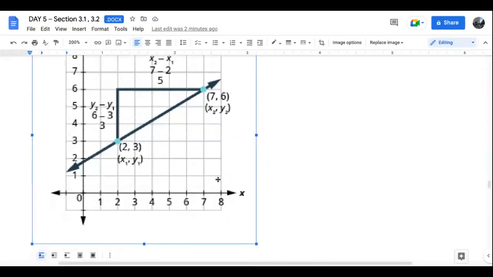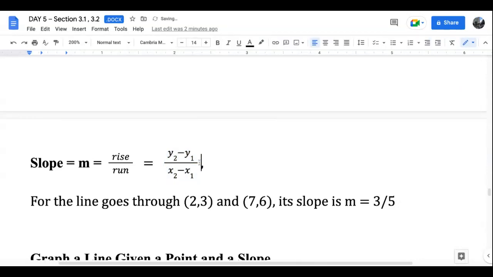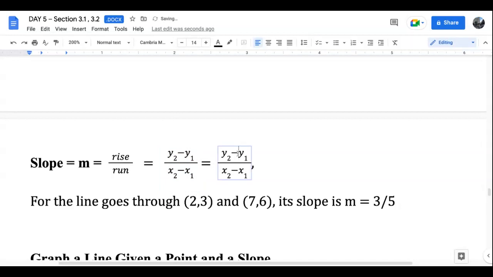The slope equals rise over run, y2 minus y1 divided by x2 minus x1, or change in y divided by change in x.